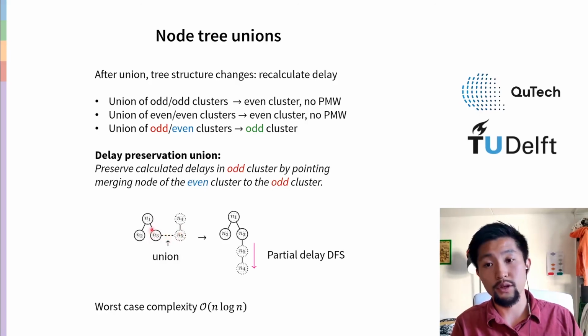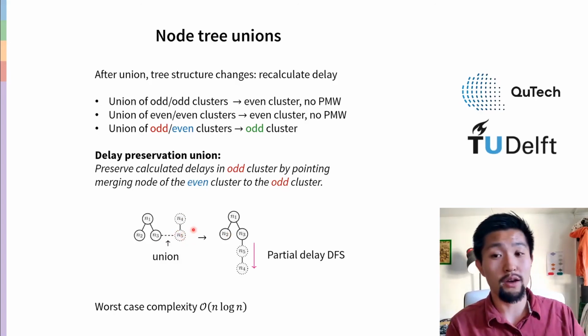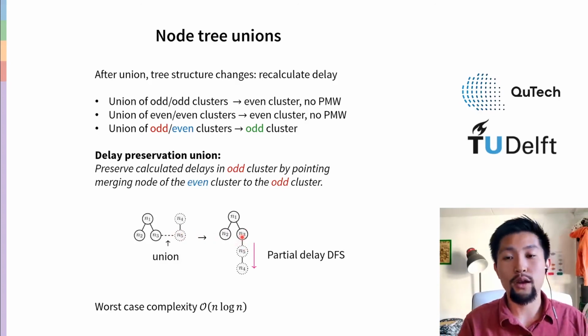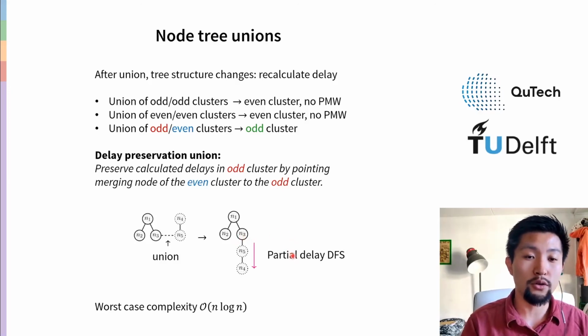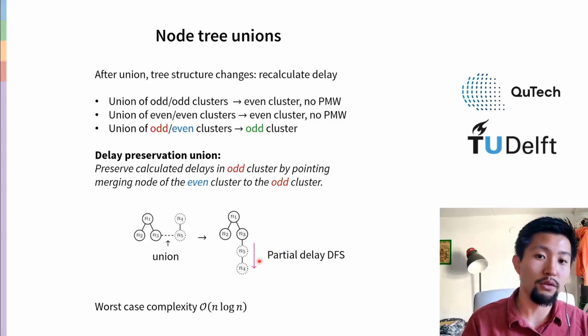We have the first node tree N1, N2, and N3, and we have the second node tree N4, N5. And the union happens between vertices of N3 and N5. Because N4, N5 is even, we point N5 to N3, which means flipping it around basically in this representation. And then in order to recalculate delays, we only have to do a partial depth first search from node 3 to node 5 to node 4.